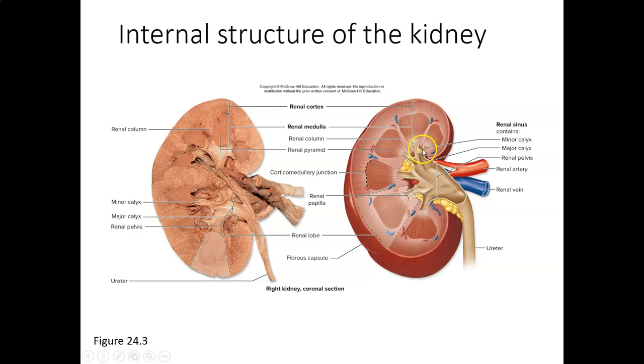You can see the arrangement of the renal pyramids, with all the apexes facing the hilum region. And between the renal pyramids, you have a structure that's essentially like a column, so it's called the renal column. Those are the structures sitting between the pyramids.